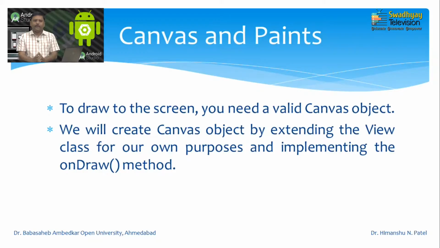For displaying or drawing shapes on screen, we can use canvas and paint. These canvas objects can be created by extending the view class for our own purpose and implementing the onDraw method. Inside onDraw method, we will specify what to draw.